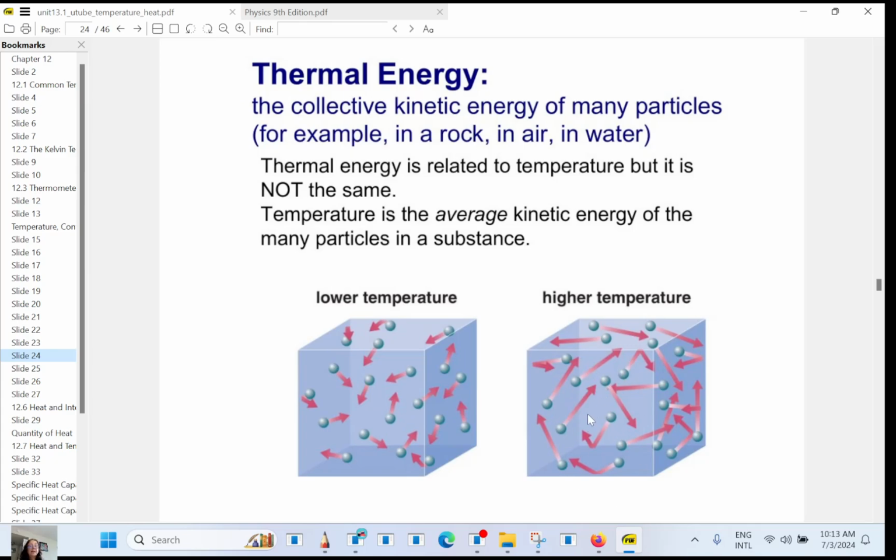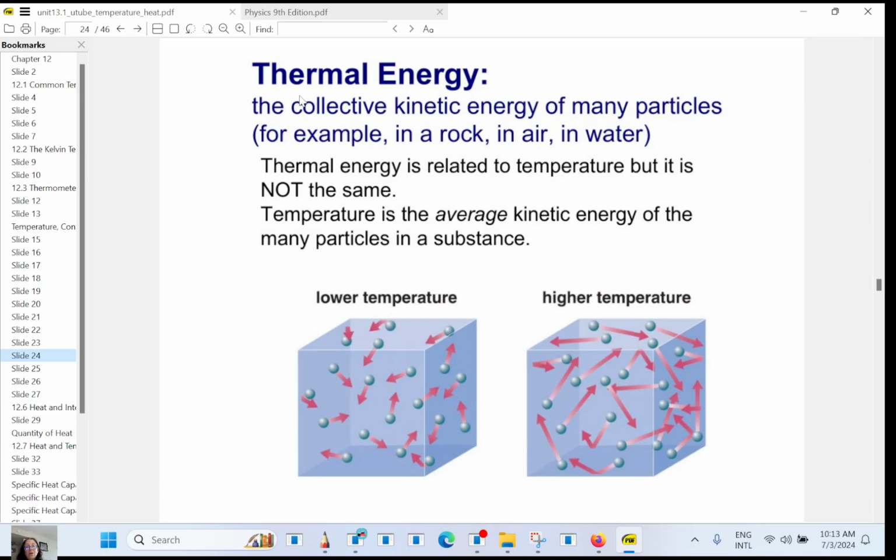If you have a gas here, the molecules are going to move in a random fashion in all directions. If they all have the same mass, you see this one has larger speed. So the kinetic energy will be proportional to their speed squared. Lower speed means lower temperature. They are always moving in all directions.